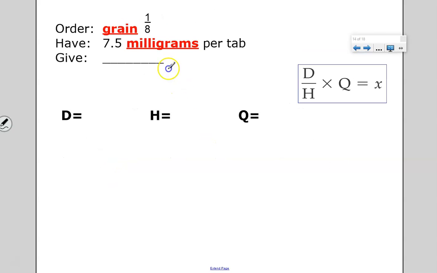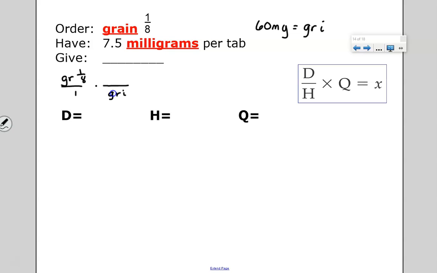Let's look at another example. Here, this one's in grains and this one's in milligrams. So I need to have them both in the same unit. So we're going to go ahead and convert. We'll change our grains into milligrams. And if you recall the conversion between that, there's 60 milligrams in 1 grain. So I need the grains to cancel.